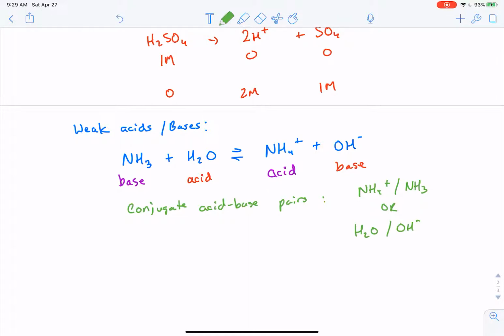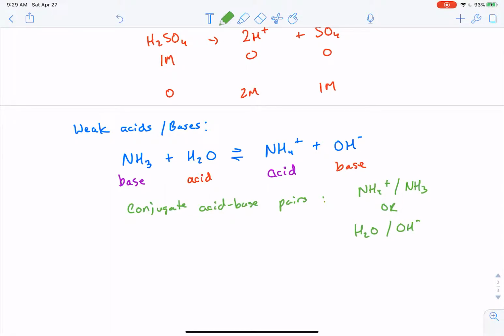So if they ask you, those are your two pairs. Because conjugate acid-base pairs can only differ by an H plus, that's it. So that would probably be a multiple choice question, just identifying. Actually, it was on your short answer too, so that is a possible question.